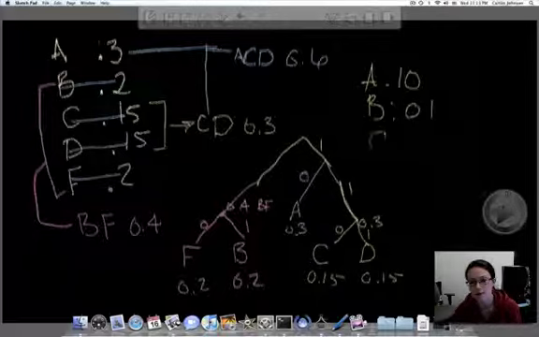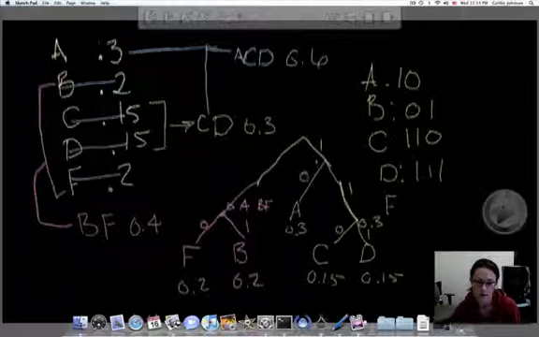How do we make a C? 1, 1, 0. D? 1, 1, 1. And F? 0, 0.